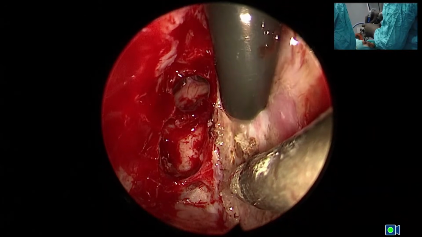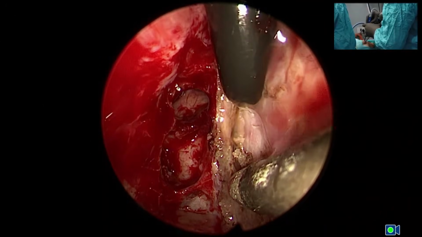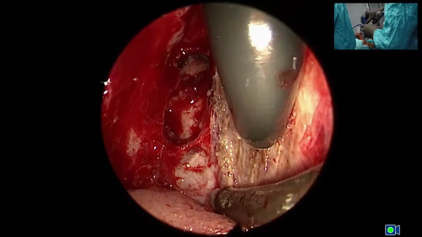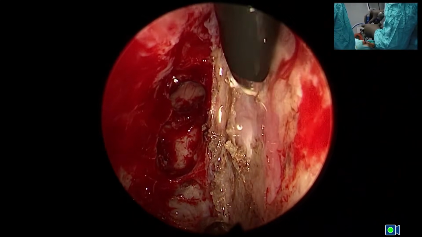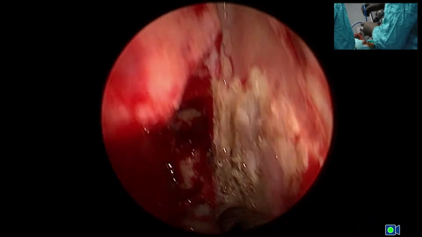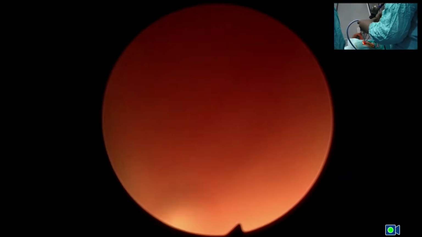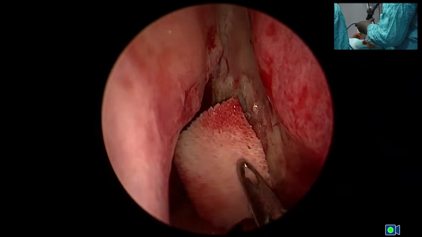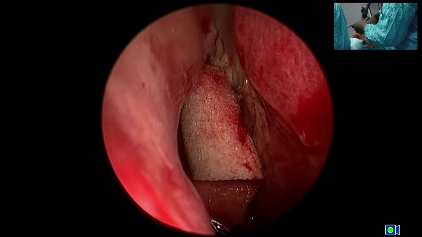Seals the arachnoid effectively. Now, give me the Merocel. Let me show you the site of leak now, if there is any. Most of the time, the coagulator itself seals the arachnoid layers and closes the CSF leak. Let me show you.